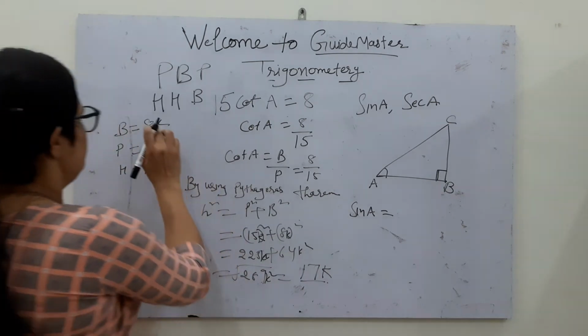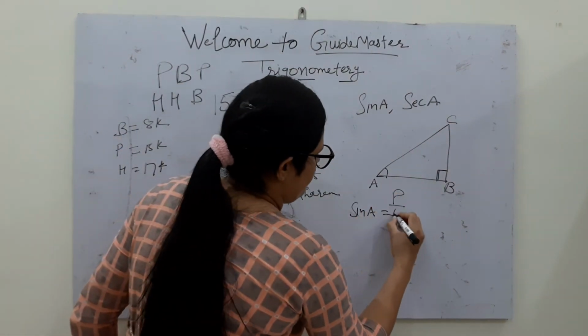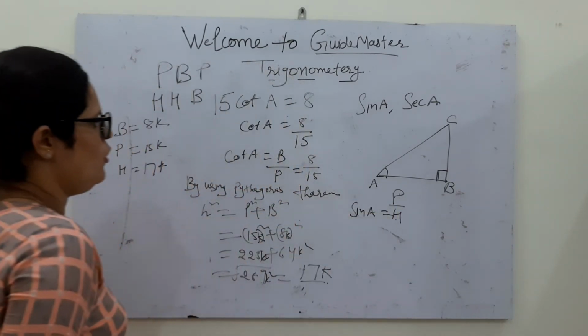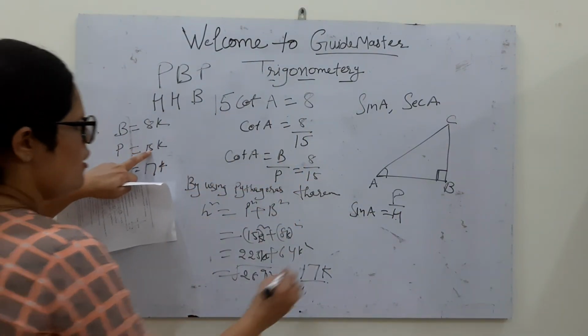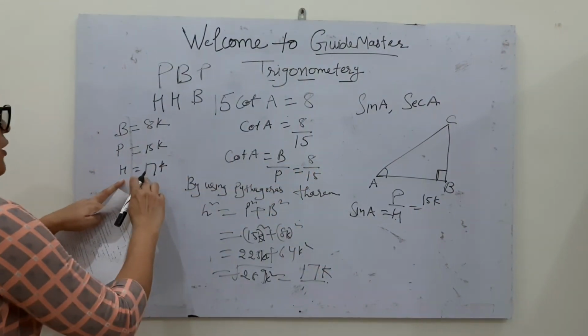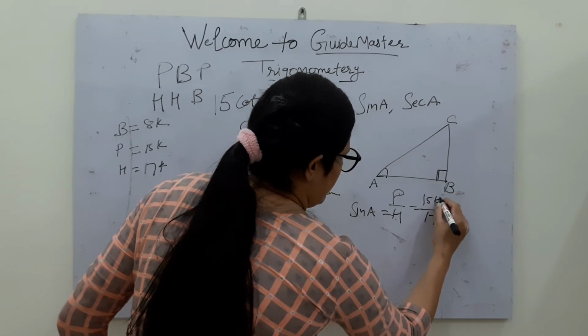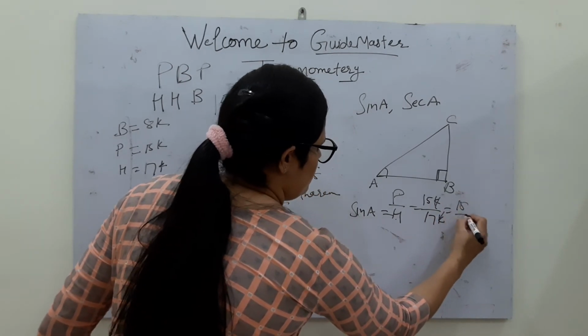Now sin A is equal to P upon H. Here P is 15K and H is 17K. So K and K cancel, it becomes 15 upon 17.